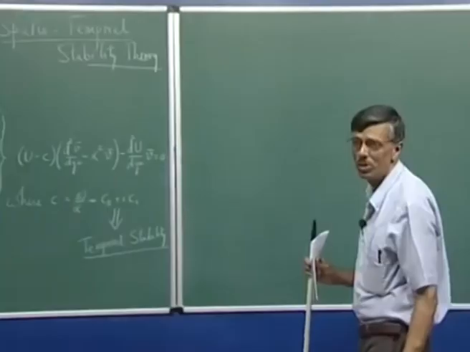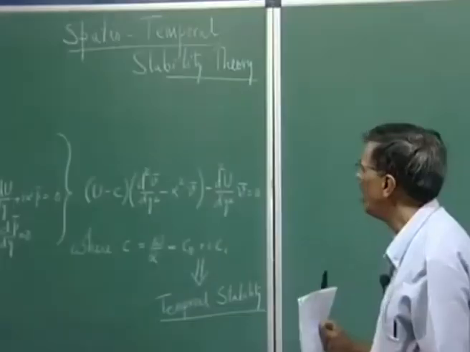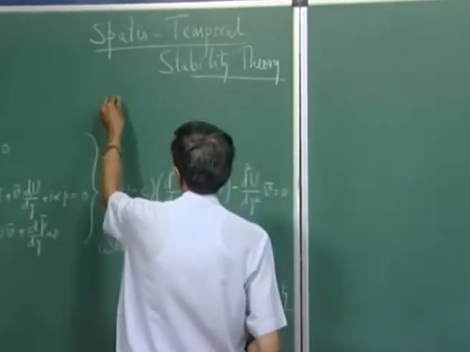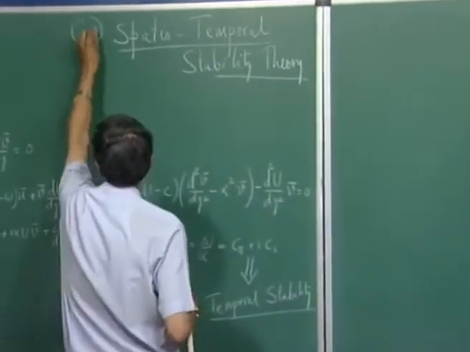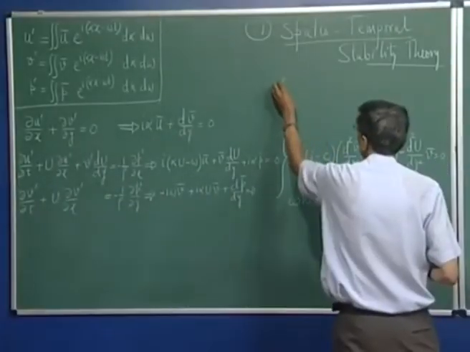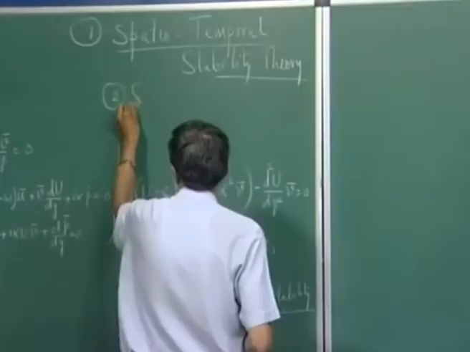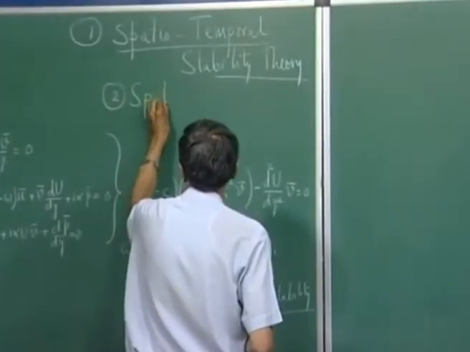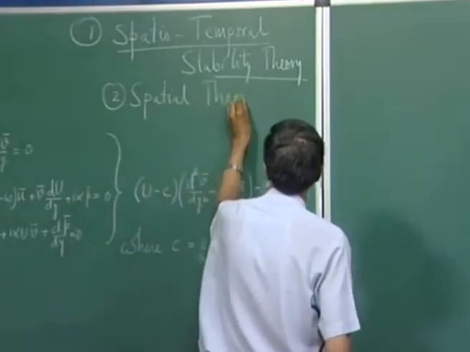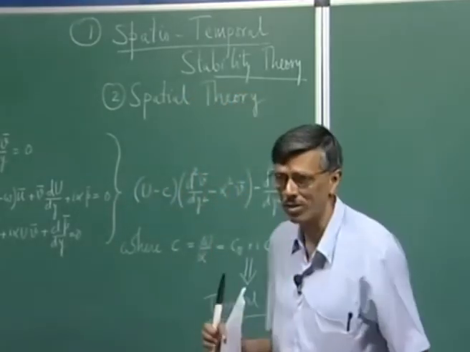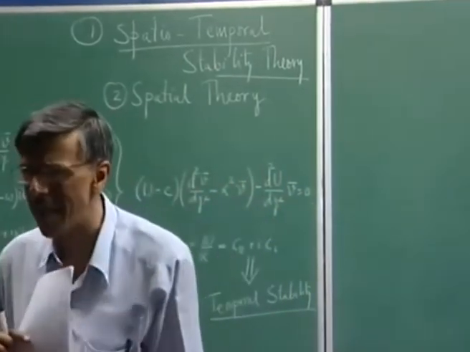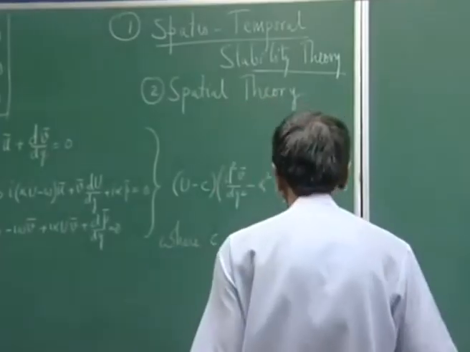Instead, we would take a simpler approach. So, if this is the all-encompassing thing, then we will have sub cases. We can talk about spatial theory. The name itself is suggestive of what? We are going to talk about disturbances that grow or decay in space, right. So, that would correspond to what?